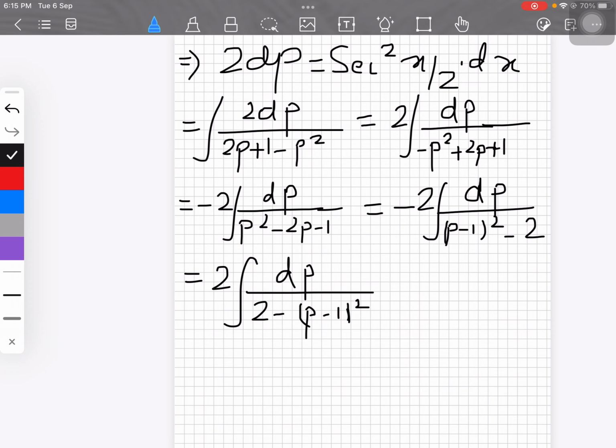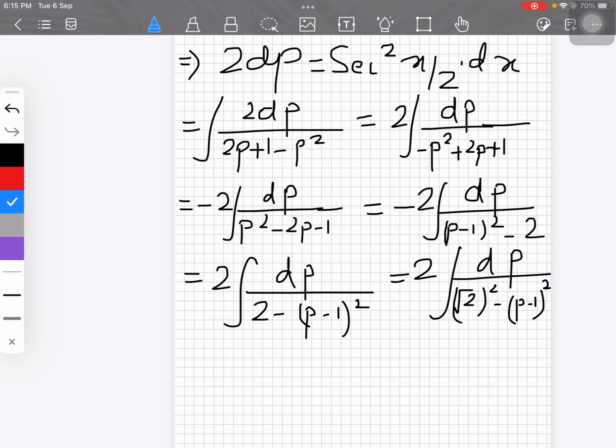Now I've been talking about a formula for a square minus x square.